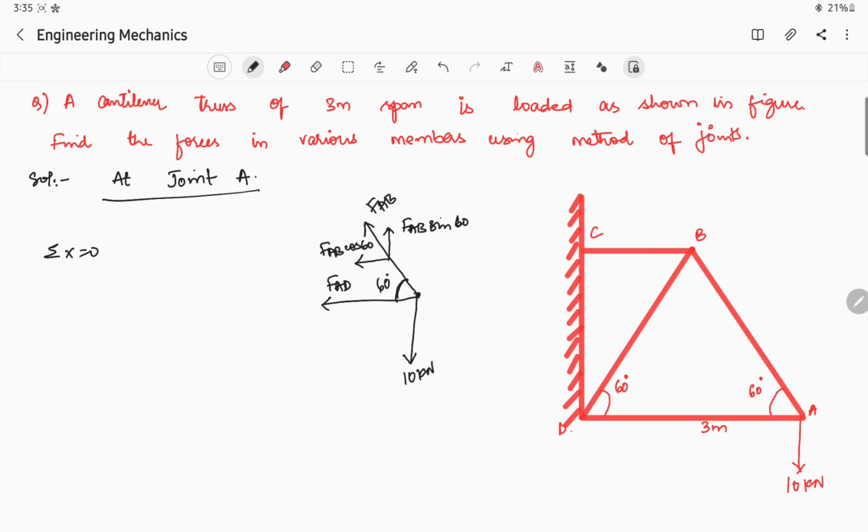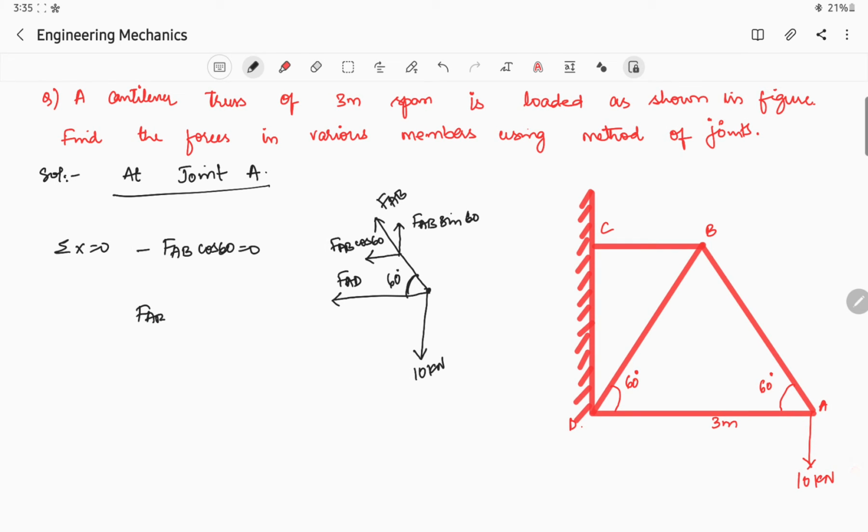Sigma x is equal to 0. How many horizontal forces are there? We have minus FAB cos 60 minus FAD is equal to 0.